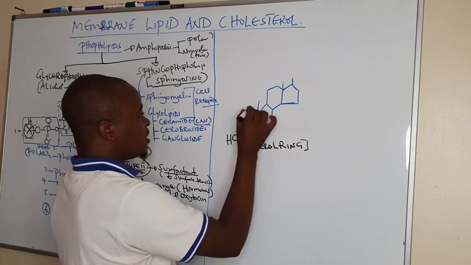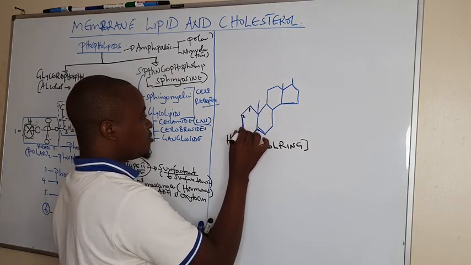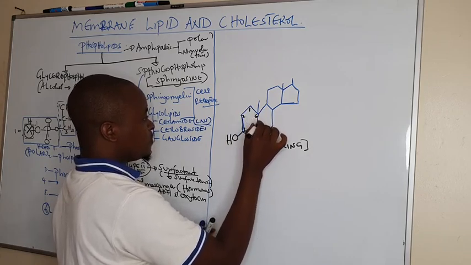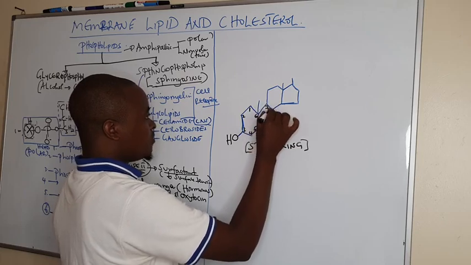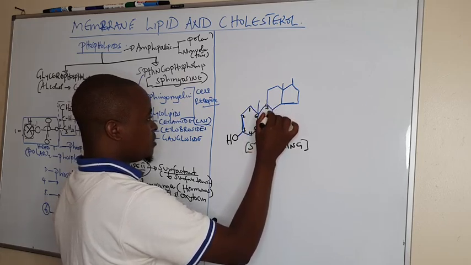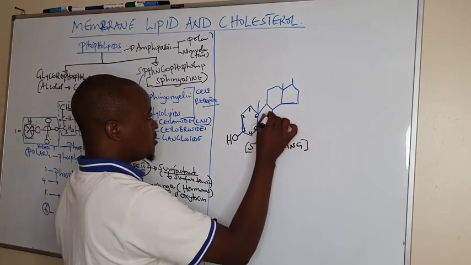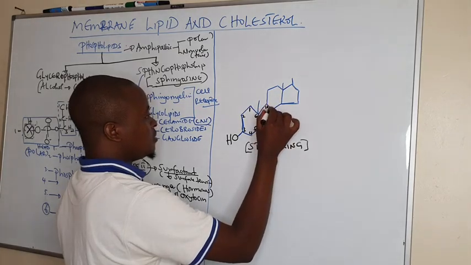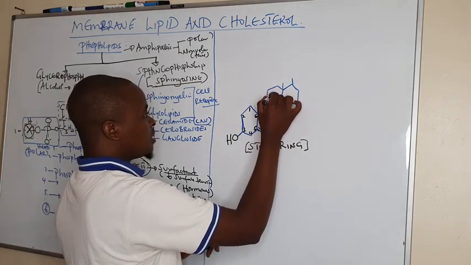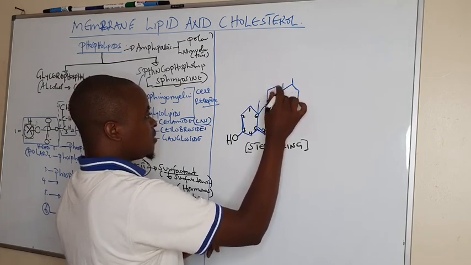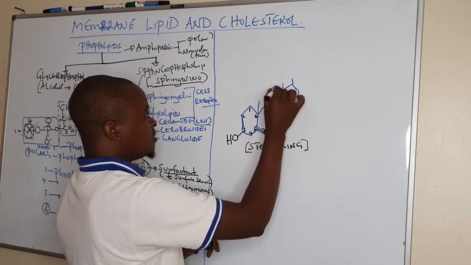And this sterol ring is numbered: this is carbon number 1, 2, 3, 4, 5, 6, then 7, 8, 9, 10. Then this one becomes 11, 12.